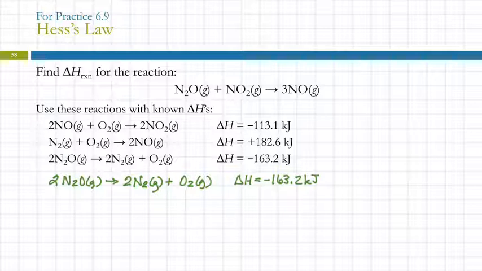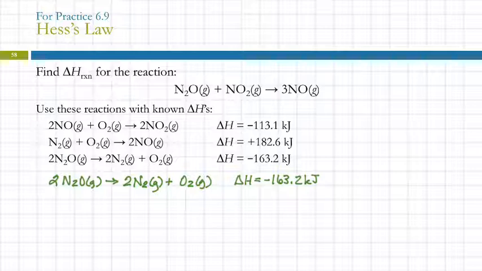Do you want to fix it now or fix it later? Fix it now. Okay. So I don't want 2 of those. I only want 1. How do I make a 2 into a 1? Divide by 2. Right? So I'm going to take this whole thing, including delta H, and divide by 2.